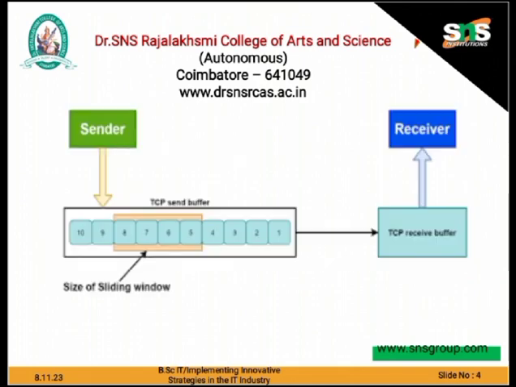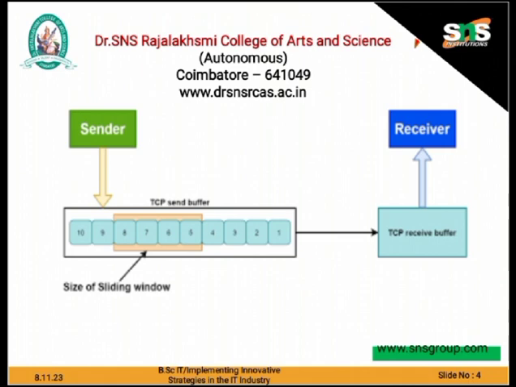In this diagram, the sender is transmitting data. That data is fragmented into a number of packets, numbered from 1 to 10. The TCP data is stored inside a buffer before sending to the receiver end.